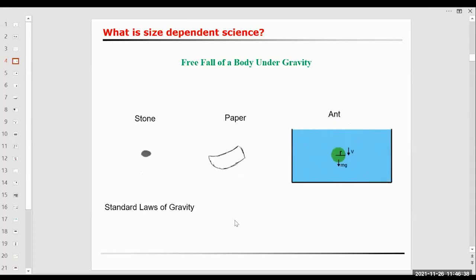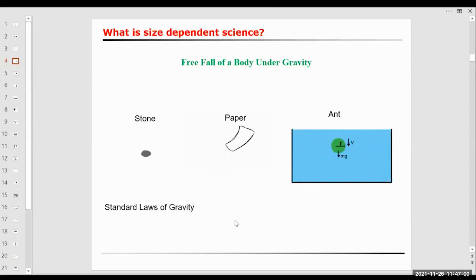This example is a classical example of size dependent science. The problem is the fall of a body under gravity, but the moment we change the dimensions of the bodies, the observation changed and the reasoning behind the observations changed.